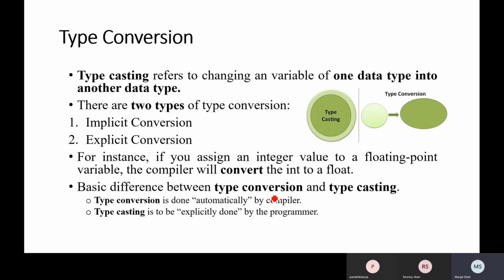That is my floating point. The basic difference between type conversion and typecasting is that type conversion is done automatically by the compiler and typecasting is to be done explicitly by the programmer. Ultimately that is nothing but the difference between implicit and explicit type conversion.